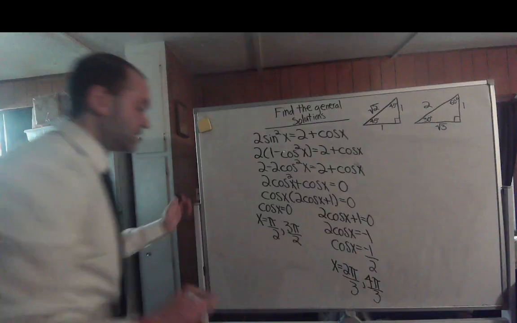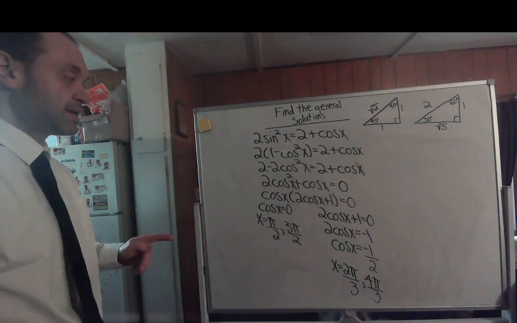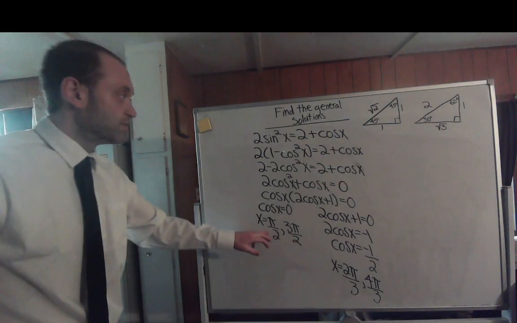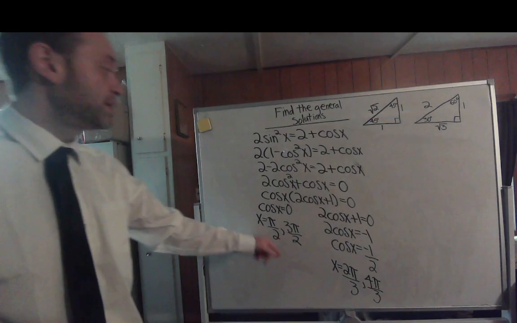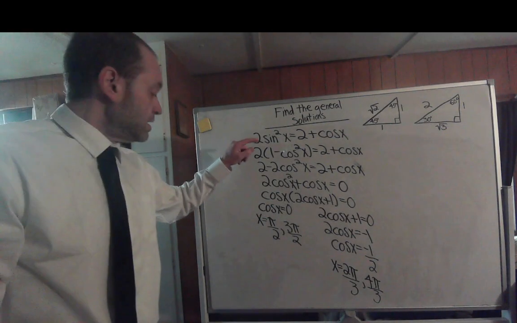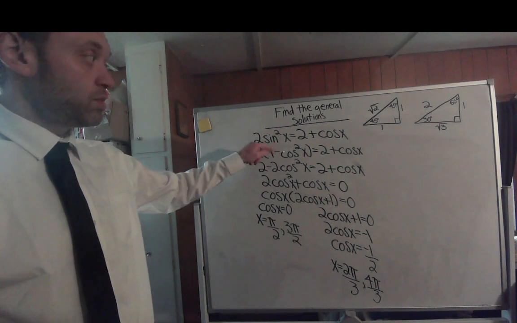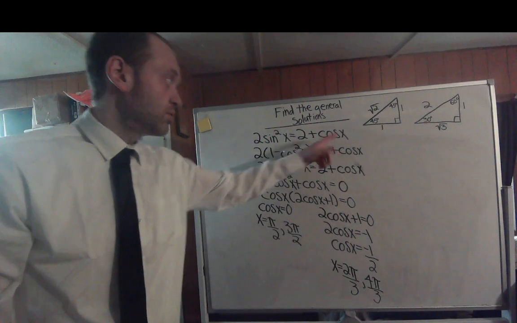All right. Now it's time to check for extraneous solutions. If I take pi over 2, well, I can tell you right now both of these are going to work, because the sine of pi over 2 is 1. Well, 1 squared is 1. 2 times 1 equals 2 plus 0.